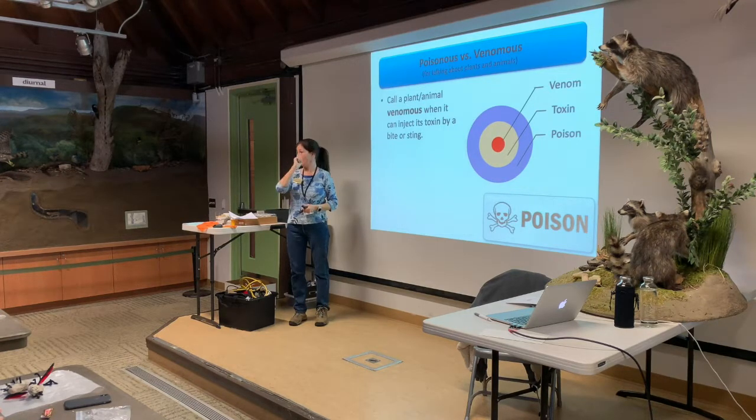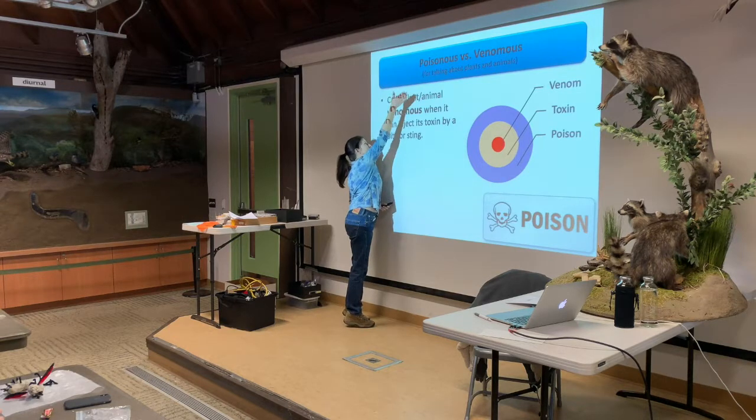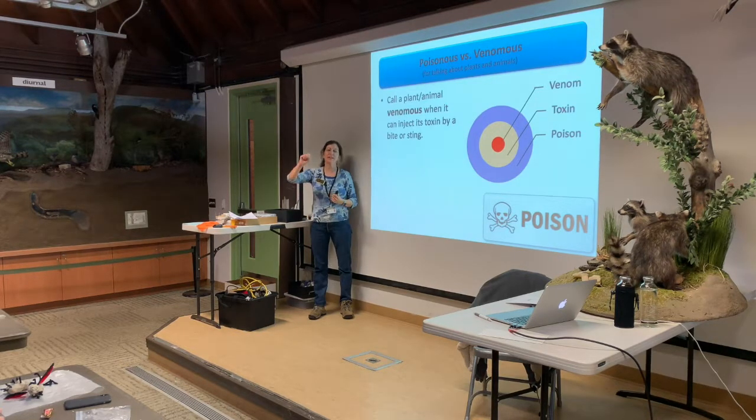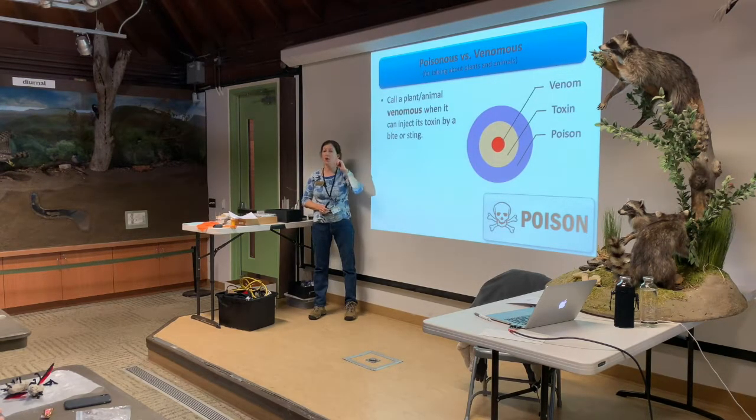So ignore that. Call an animal venomous. I'll correct it when I get home. That would be something for you to write, and I forgot your name already. I'm sorry. Brandy. You are my secretary. Write down: when it can inject its toxin by a bite or sting, we call it venomous.